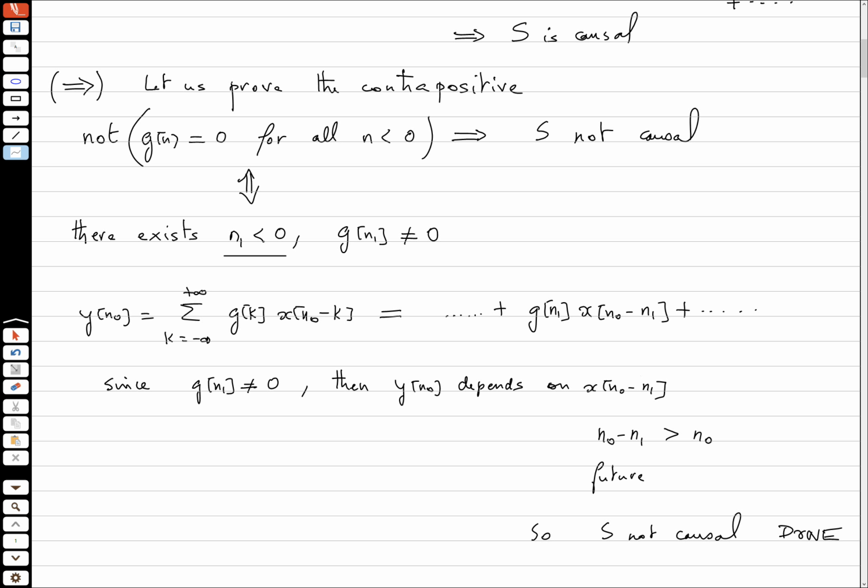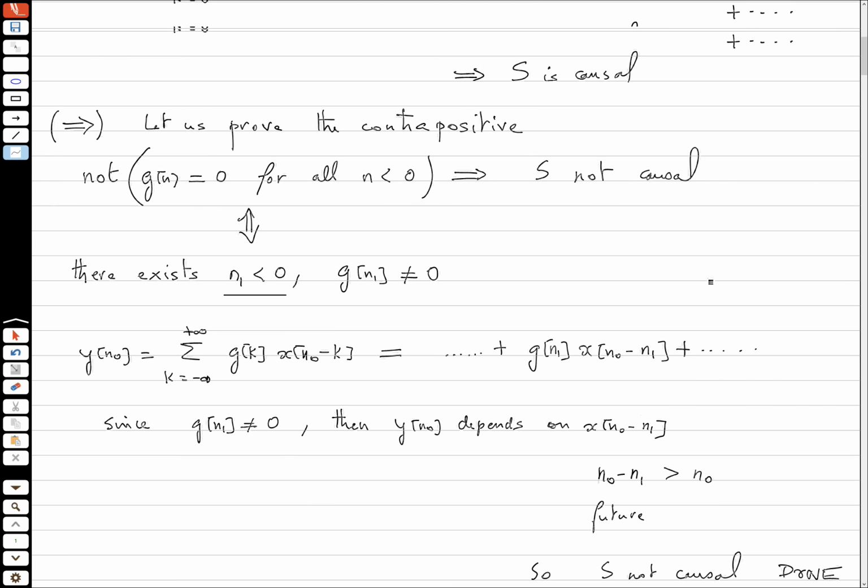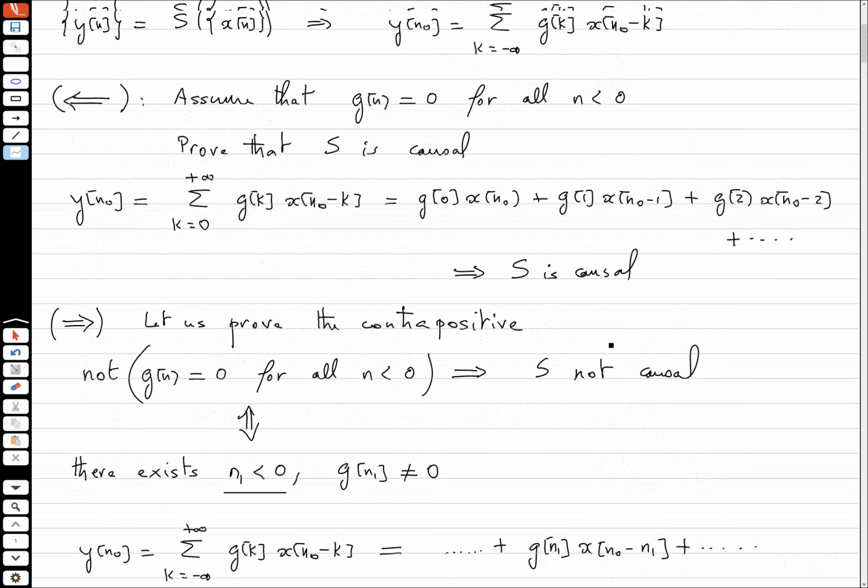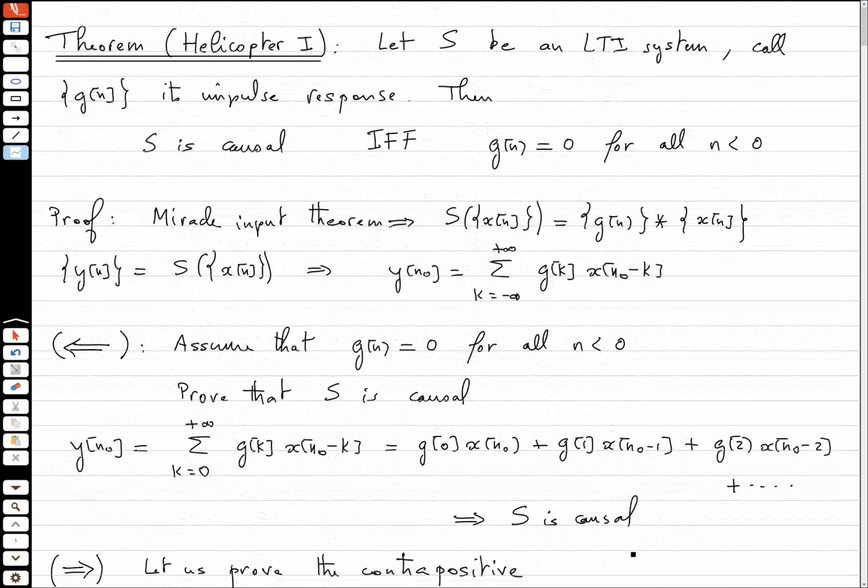So why did I call this theorem helicopter? All right, I'm going to tell you. Normally, if the system is not LTI, if I ask you if it's causal, you have to look at the formula, and you will have to look manually if the output depends on the future of the input, right?